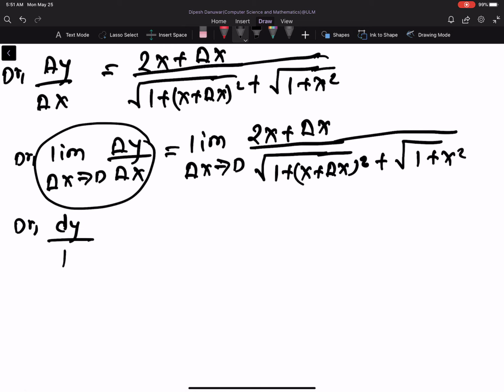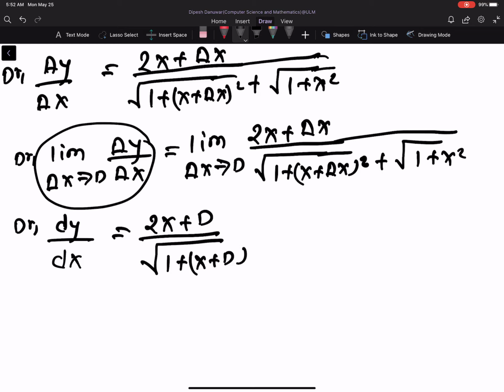dy by dx is equal to, so now since delta x tends to 0, put the value at the top, so that will be (2x plus 0) by root under 1 plus (x plus 0) whole square plus root under 1 plus x square.